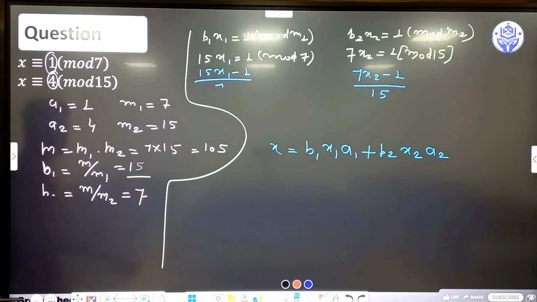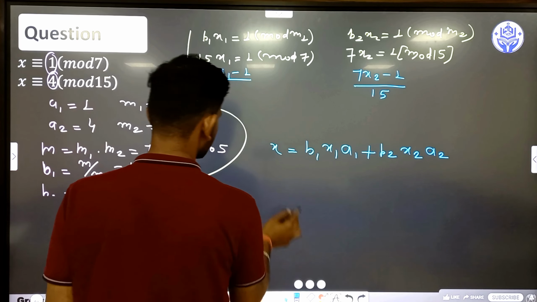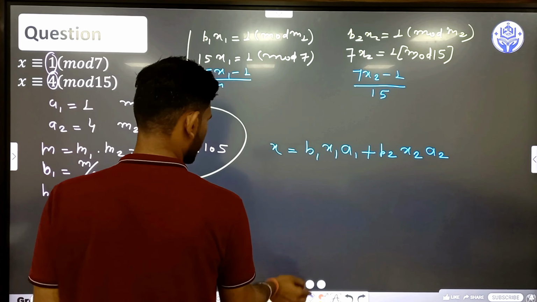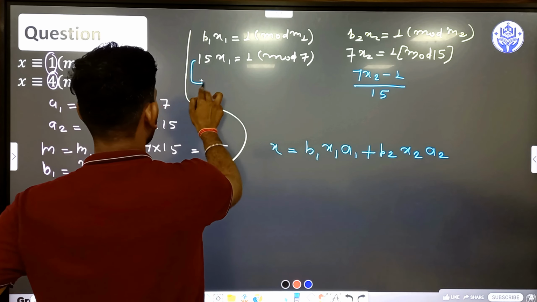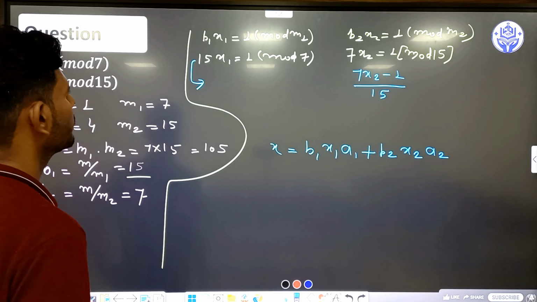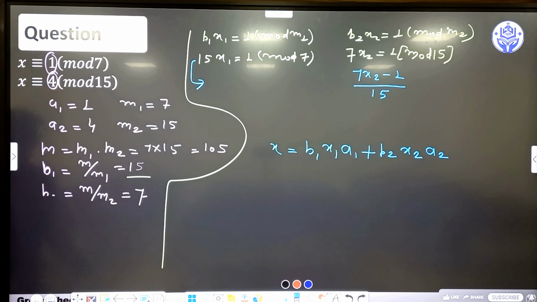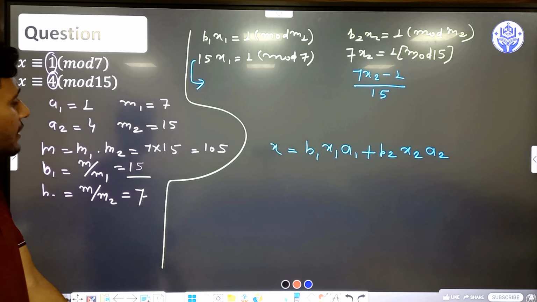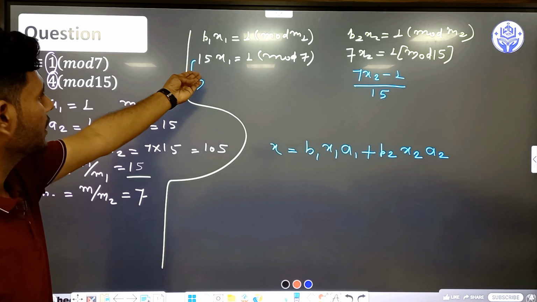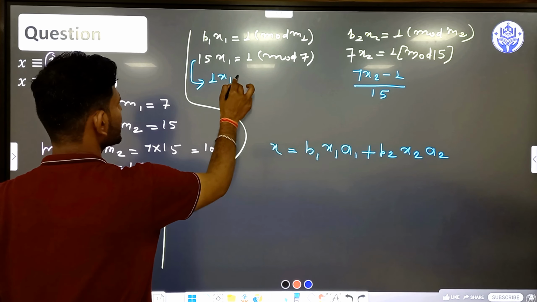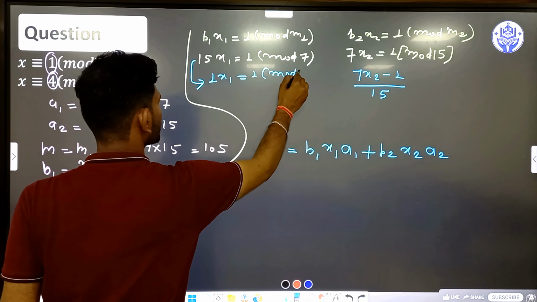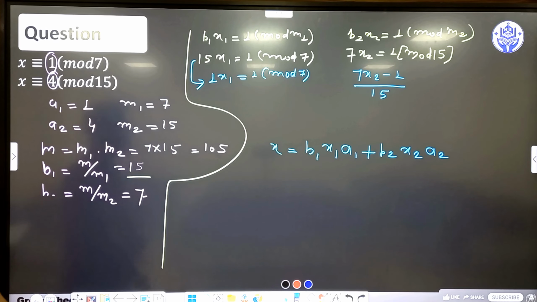From here, I can simplify this particular equation. If I take mod of 15 x1, then this will be 1 x1 ≡ 1 mod 7, because 15 mod 7 is 1.